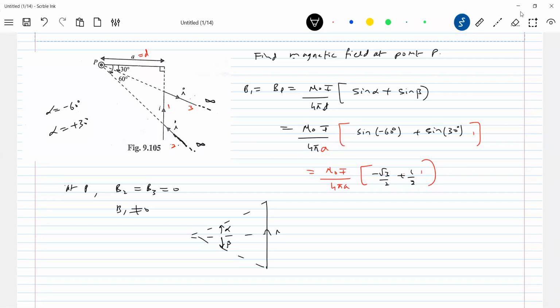Be careful about that. So the total will be mu naught I by 8 pi a times 1 minus root 3. Okay, this should be the answer.